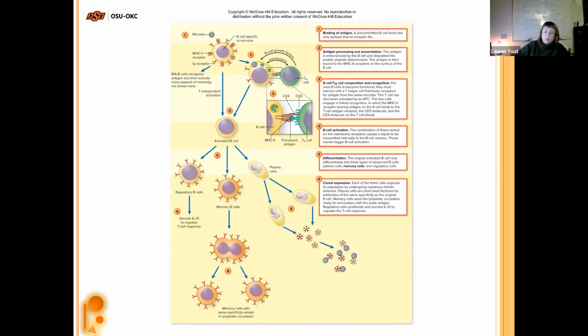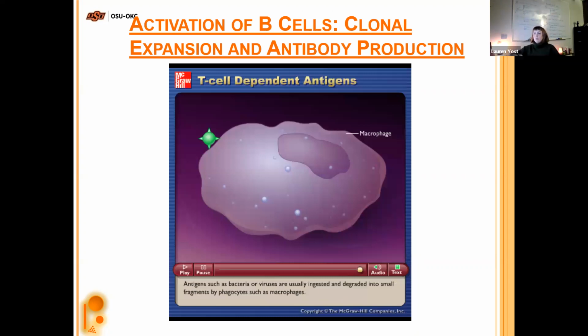Once we do get into the details, come back here to this slide and look through these steps so you can understand a little better what's going on, because this is the pared-down outlining version of what we're going to do. So it's good for going back to review and understanding.